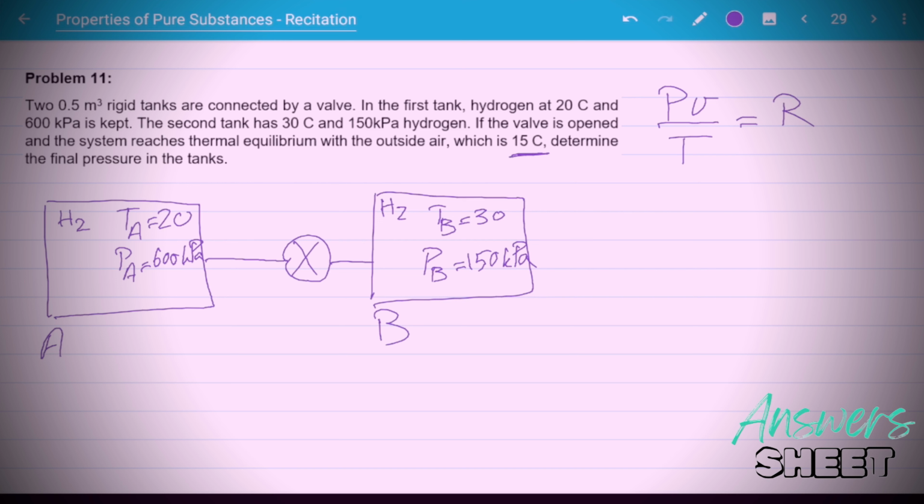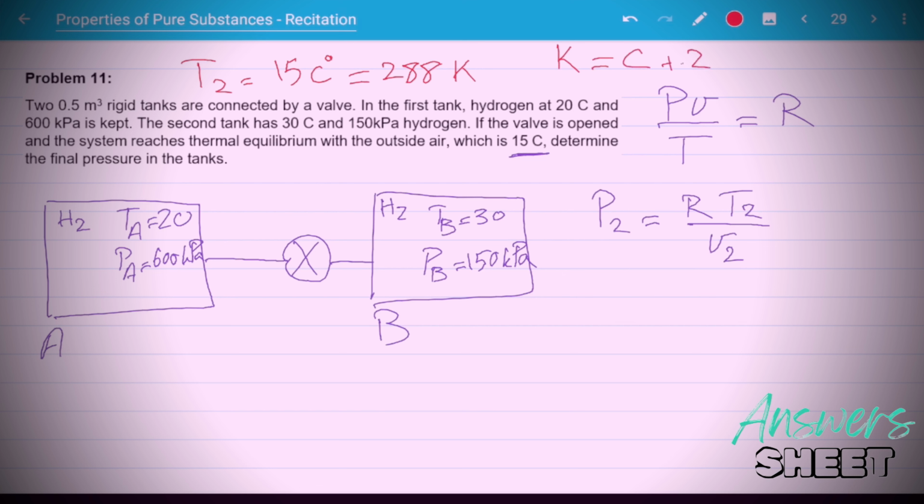So my final pressure is the hydrogen gas constant times the temperature T2 over the specific volume v2. Now I know what T2 is. T2, or T final, is 15 degrees Celsius, which is 288 Kelvin. Remember that Kelvin temperature is Celsius temperature plus 273.